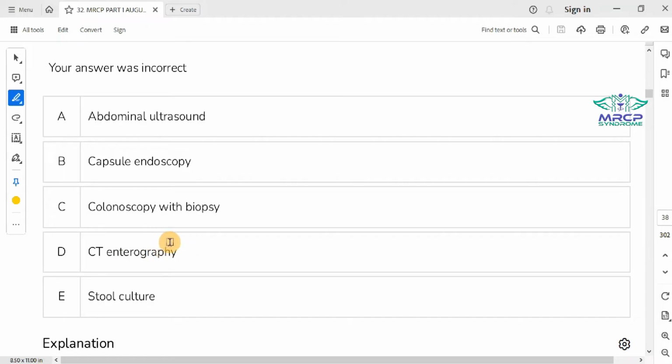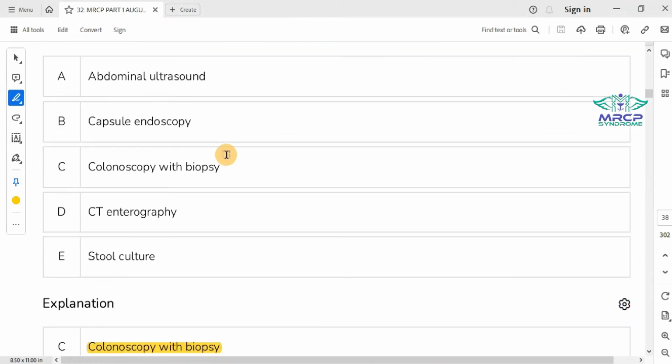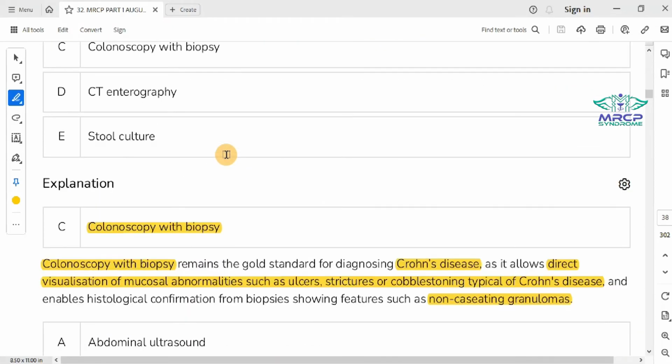CT enterography is usually used for assessment of small bowel involvement as well as complications, but it will not provide histological confirmation. Stool culture is useful for ruling out infectious causes of diarrhea. So the gold standard investigation to confirm the diagnosis would be colonoscopy with histological confirmation with biopsy.